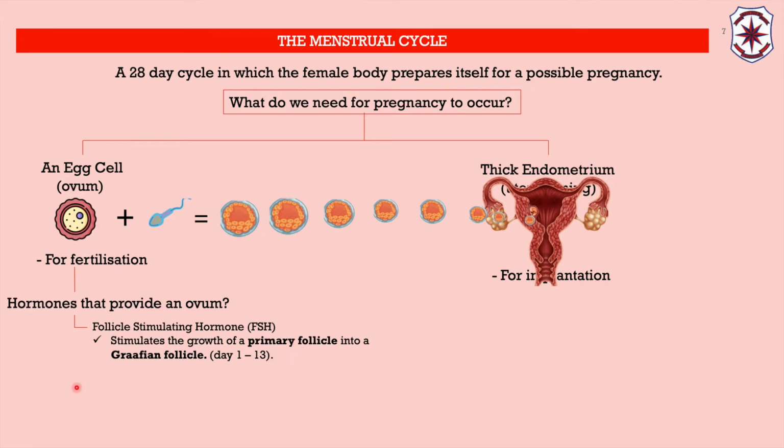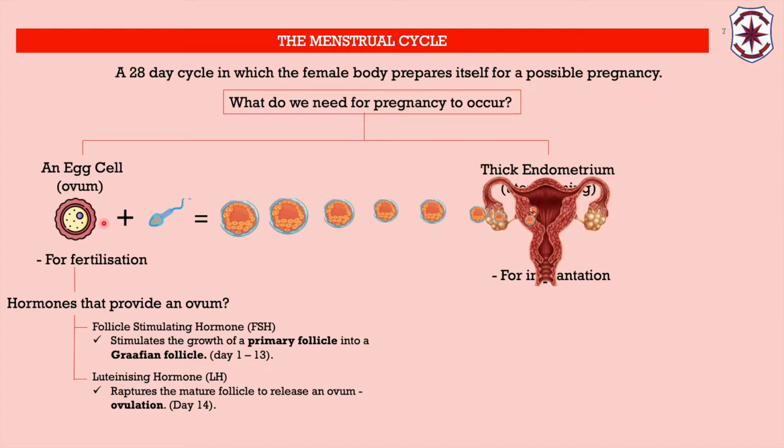As the Graafian follicle becomes bigger and bigger under the influence of FSH, inside that follicle oogenesis is taking place and an ovum is being produced. Now, to release that ovum from inside the Graafian follicle, we need the luteinizing hormone.